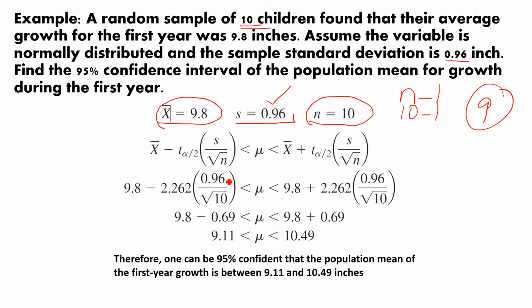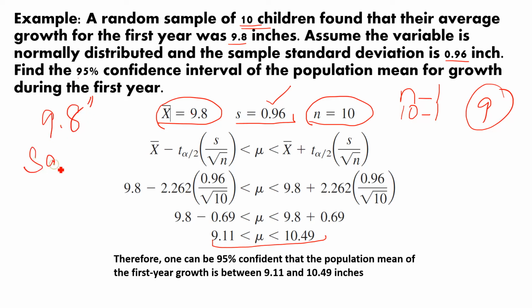So 0.96 divided by square root of 10, which is approximately 3 point something, then you have to multiply with this and then subtract. So we will get this range. What is the meaning of this range? See, I said here that the average growth for the first year is 9.8 inches.